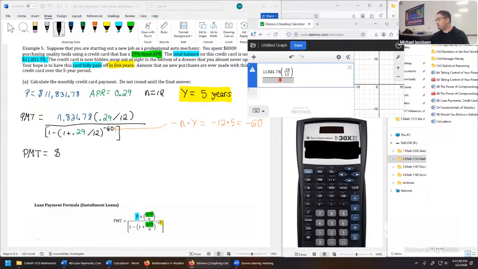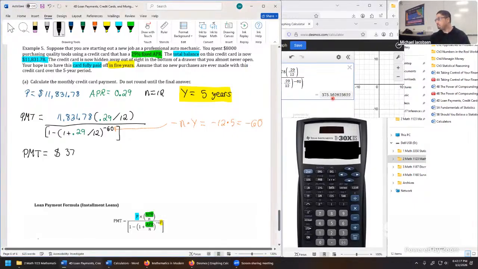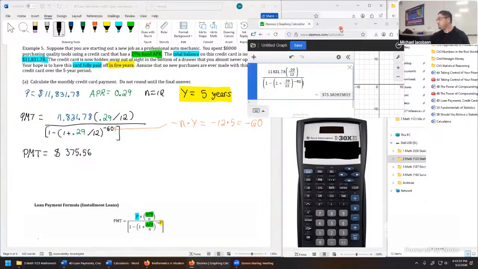Let me see if I can get to that number as well. Okay, looks like our numbers agree. I got to 375 and 56 cents as well. So payment comes out as 375.56. Any questions at all, folks, on getting that number here for the payment?